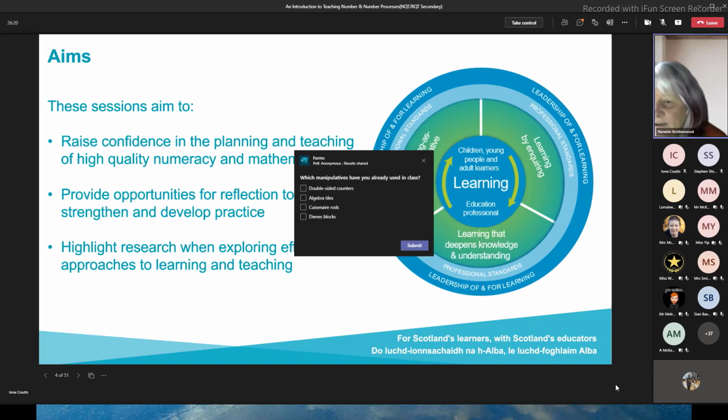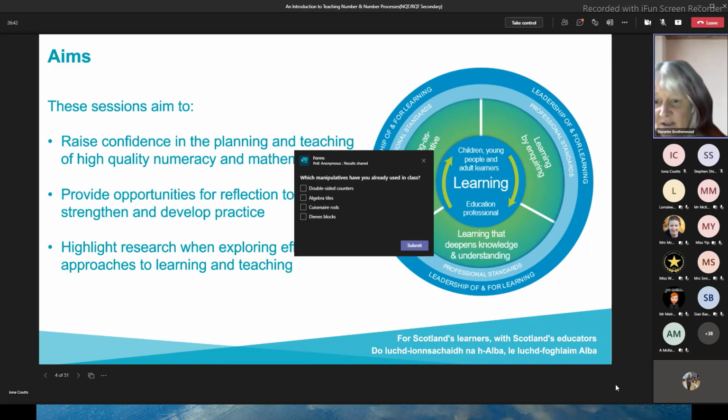Yeah, and some of you may not have had the actual concrete materials, but you may have used a digital version. And if you've used digital double-sided counters or digital algebra tiles, please feel free to click on the fact that you've used them with a class. MathSpot is an excellent source of digital manipulatives.